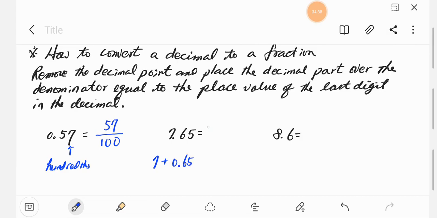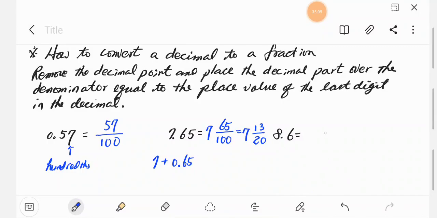So this is equivalent to the mixed number 7 and 65 over, there are 3 decimal places, so put 3 zeros, 1000. And then you can reduce this fraction. This is divisible by 5, so 13 over 200. Does it make sense?